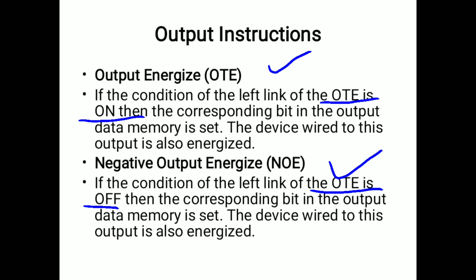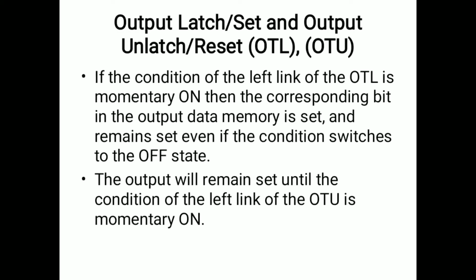If the left link is off, then the output bit will be set, and the connected output device will get energized. So both instructions work in the opposite way. Two more important output instructions are OTL, Output Latch, also called output set, and Output Unlatch, also called output reset. These are again opposite instructions.